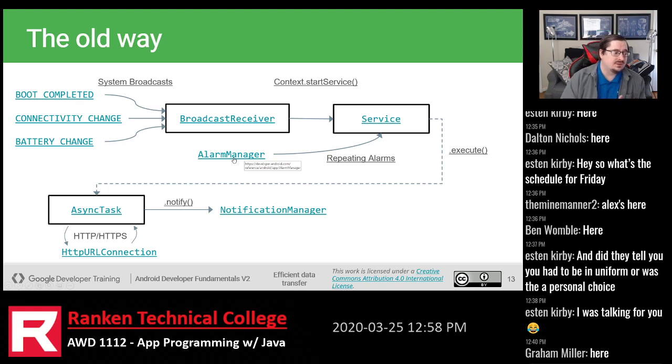We would use that to say, every hour I want you to start my service, or every 15 minutes, whatever it may be. So that was how we also did it based on time. We brought in that alarm manager in addition to know when things happened.